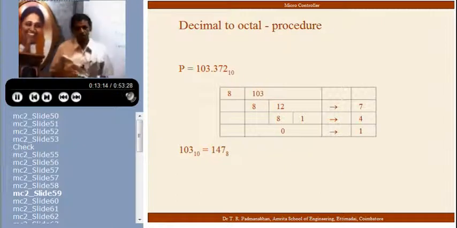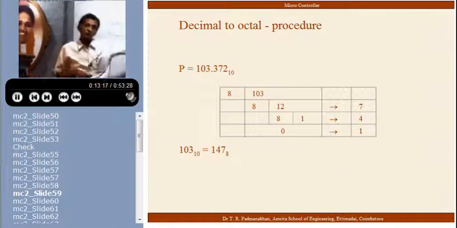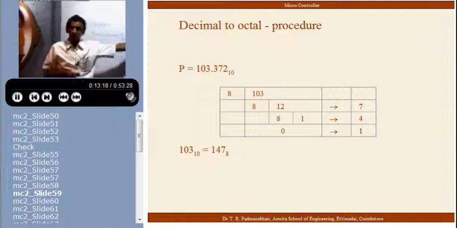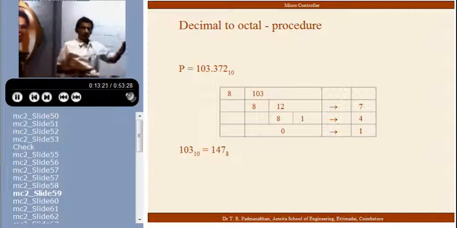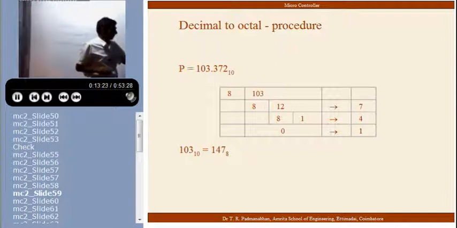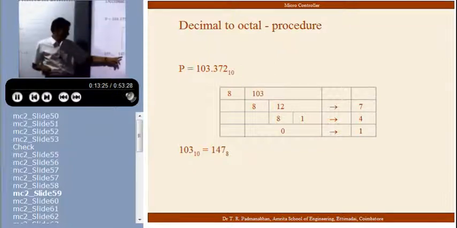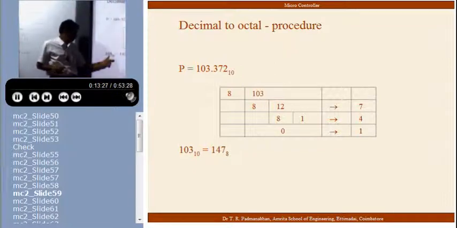This decimal number has this octal equivalent value. It's okay? Alright. We are doing this because our familiarity with decimal numbers is more. If I have to do a decimal to octal conversion, I divide by 8.